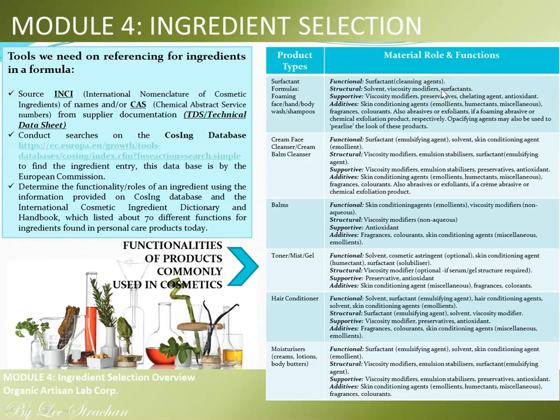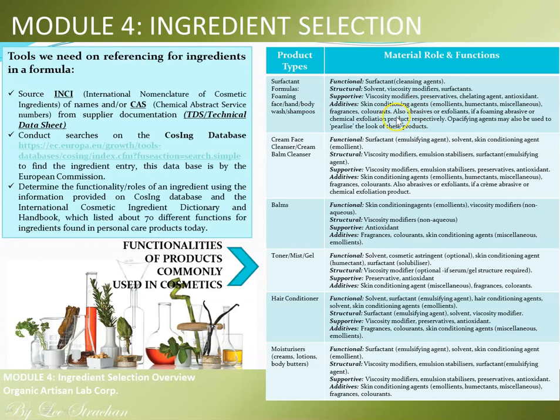For supportive ingredients, we're looking at viscosity modifiers, preservatives, chelating agents, and antioxidants. And then for additives or added extras, you're talking about skin conditioning agents like emollients, humectants, and miscellaneous. Fragrances, colorants.